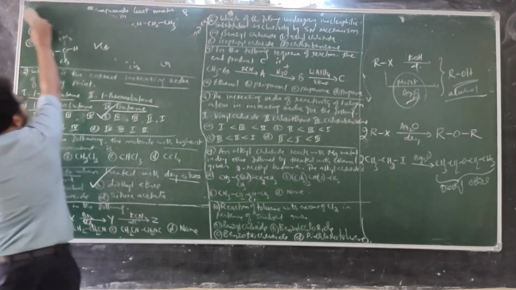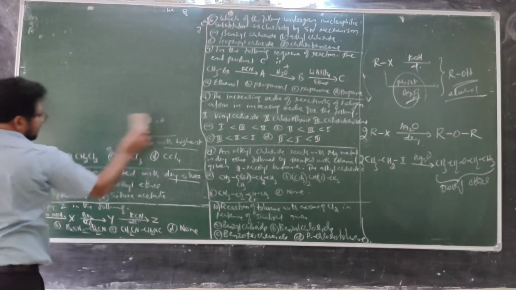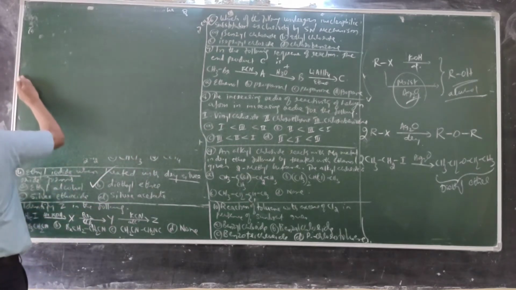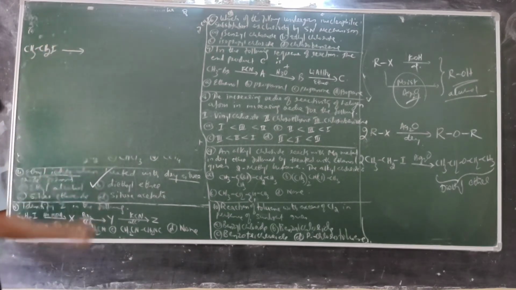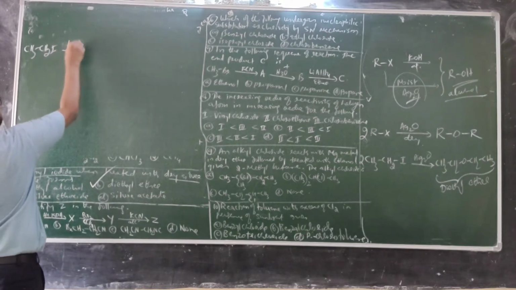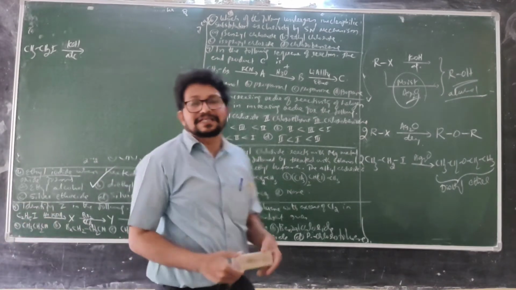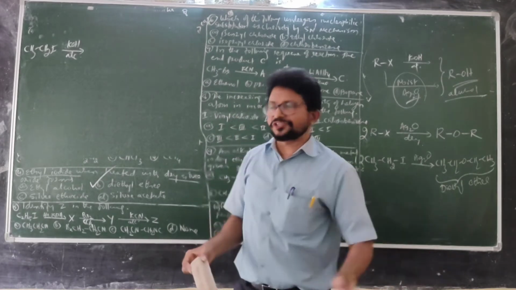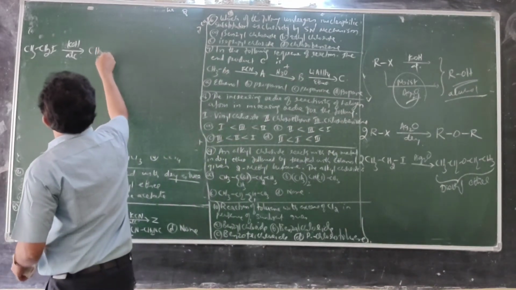Okay, this once again let us try to understand. C2H5, CH3CH2I with alcoholic KOH. So all of you are familiar, beta elimination, simple elimination, and the product is ethene.